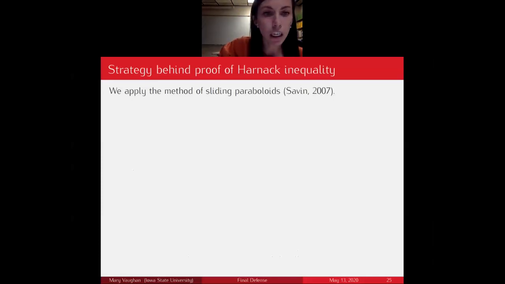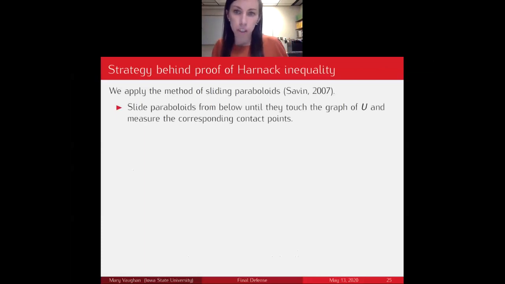And the idea is we take these paraboloids that I defined on the previous slide, with fixed opening, and you slide them up from below until they touch the graph of u for the first time. And wherever it touches, we call those contact points. And we're going to measure those contact points, with the measure being the Monge-Ampere measure.